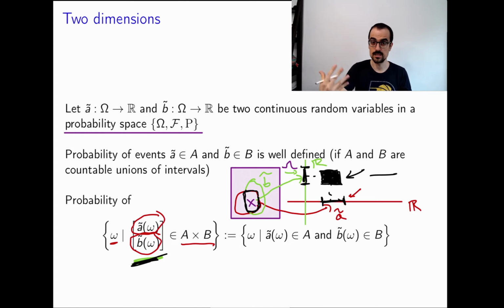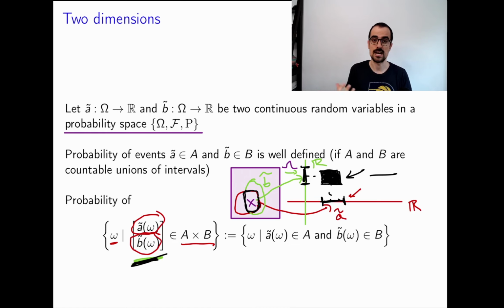and by the same argument, it has a well-defined probability of being in any union of rectangles, intersection of rectangles, complement of rectangles, and so on and so forth. Just because A and B are valid continuous random variables and they're defined on the same probability space.